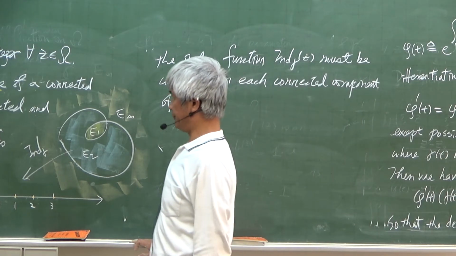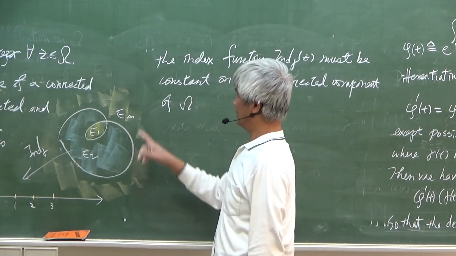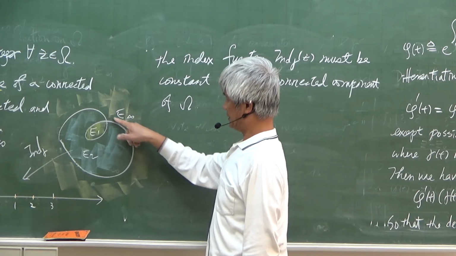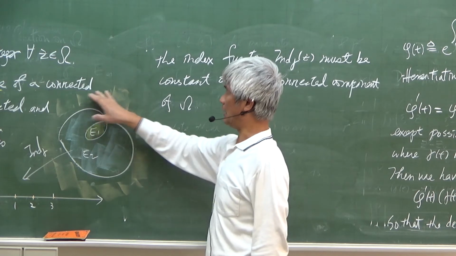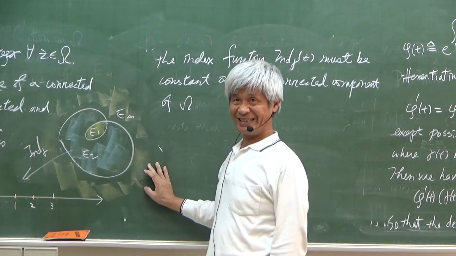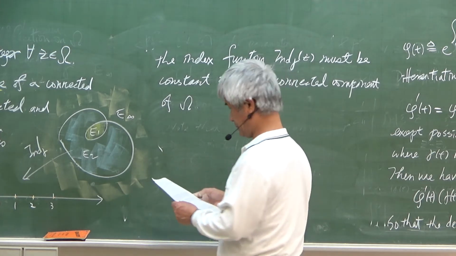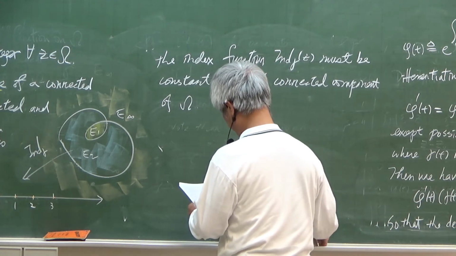So the only thing we have left is to prove that the index corresponding to the unbounded component should be 0. This is the last thing we have to do.